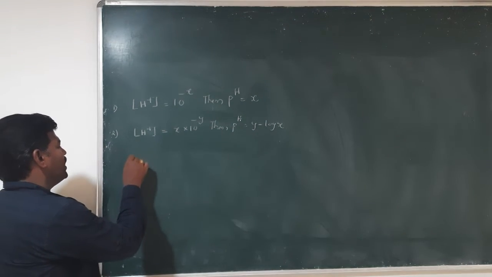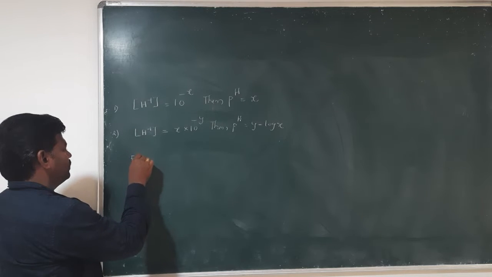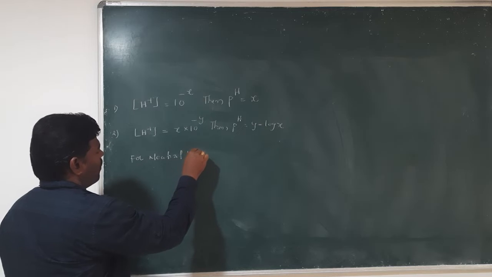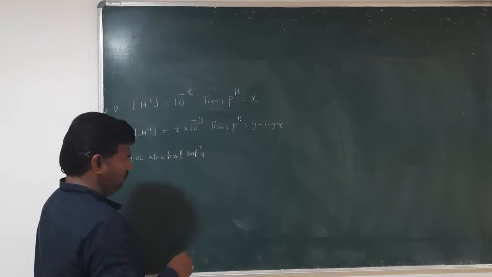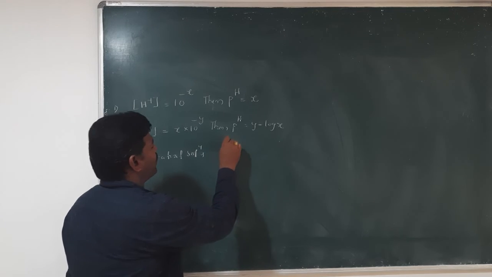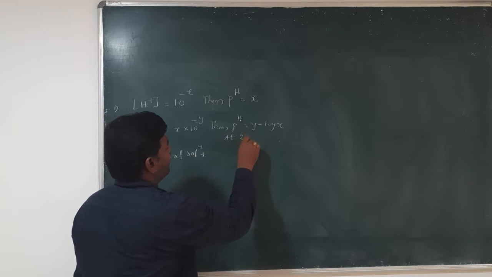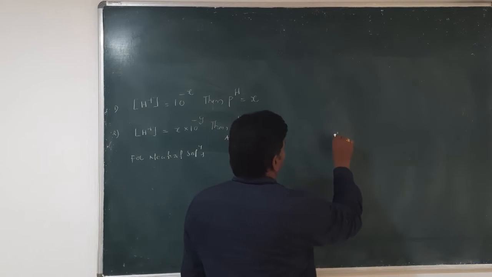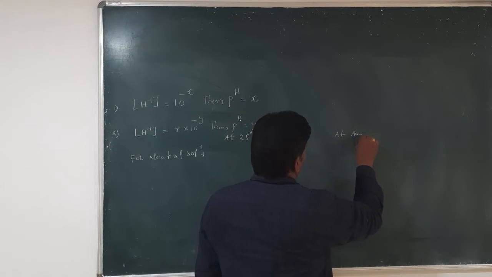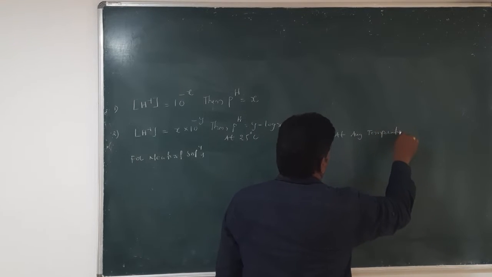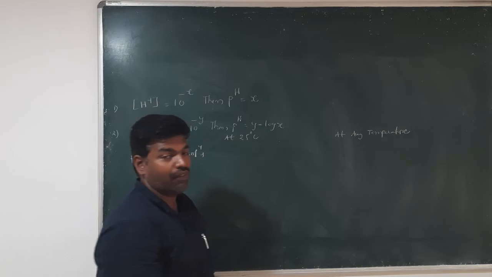For neutral solutions, I am going to calculate at 25 degree centigrade, and then at any temperature. Why?